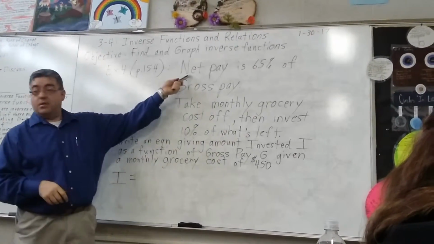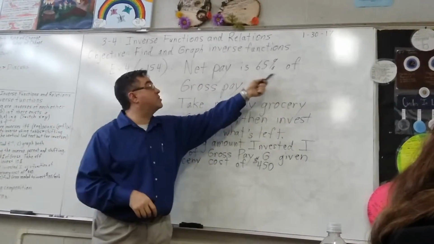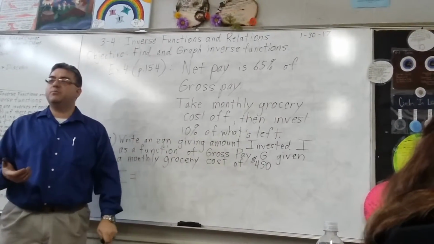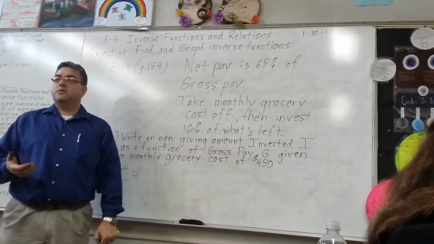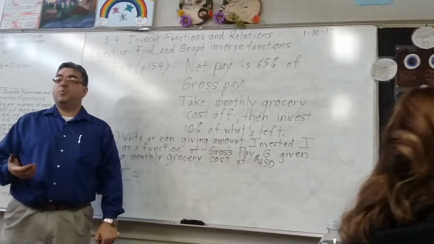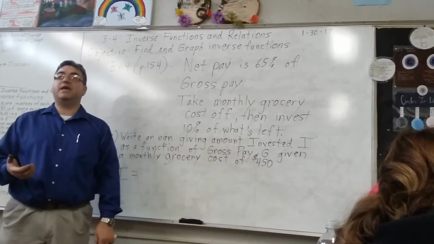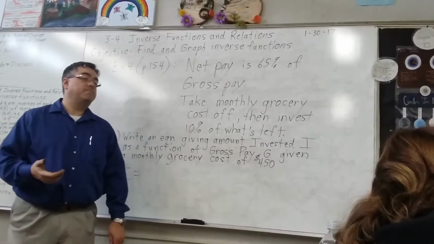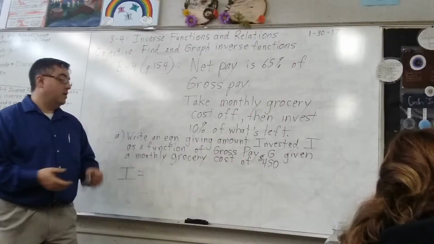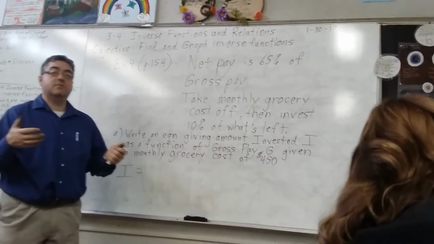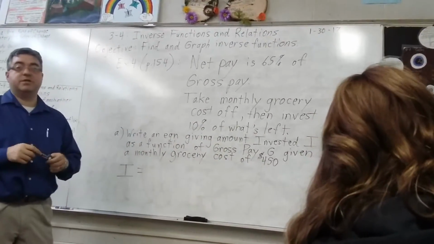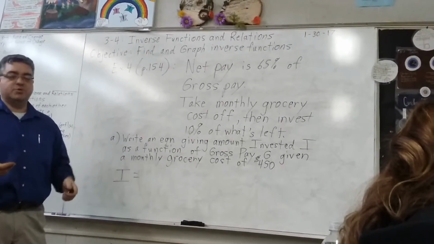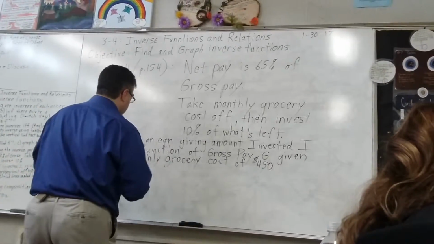Our net pay is 65% of the gross pay. What operation does the word of indicate when you're dealing with percents? Multiplication. Of means multiply when you're dealing with fractions and percents, which are, of course, the same thing.